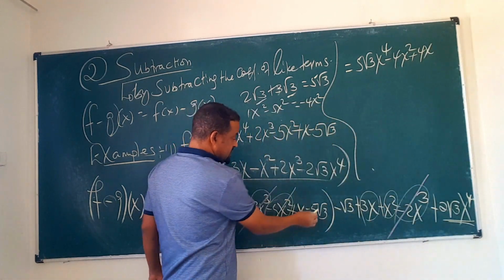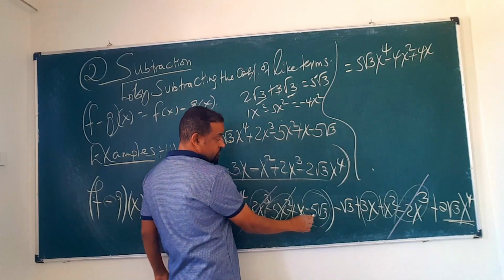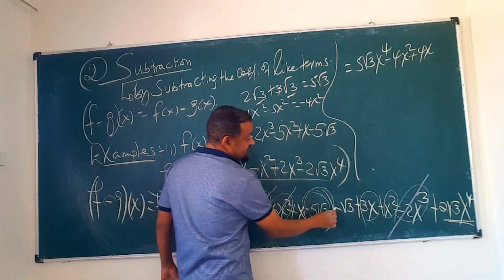The next is the constant term: negative 5 radical 3 and negative radical 3.